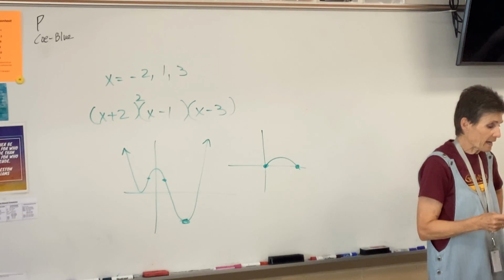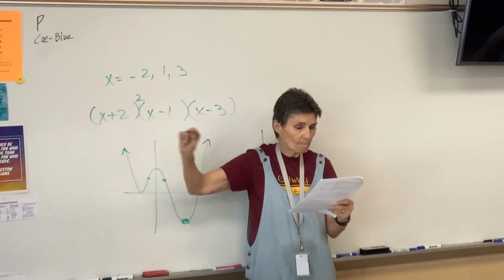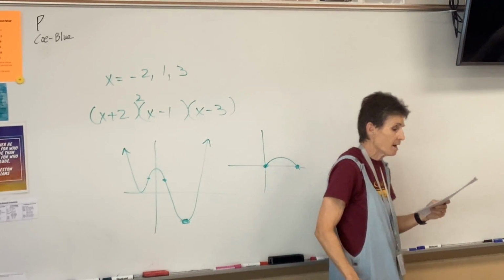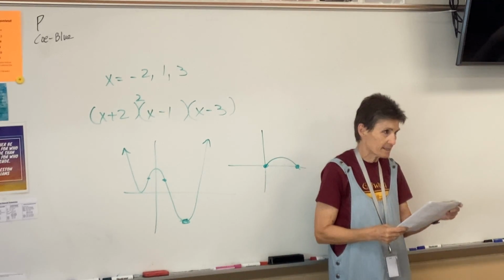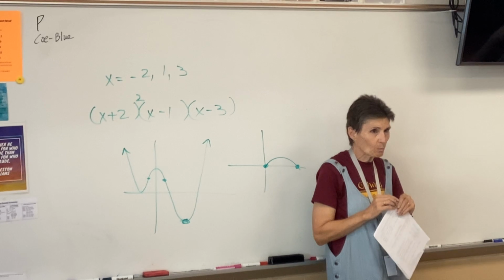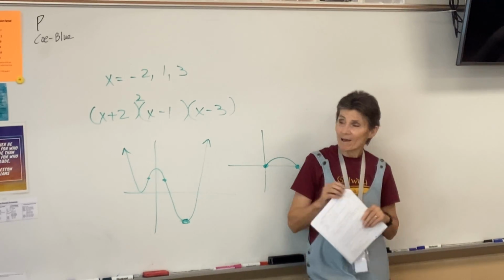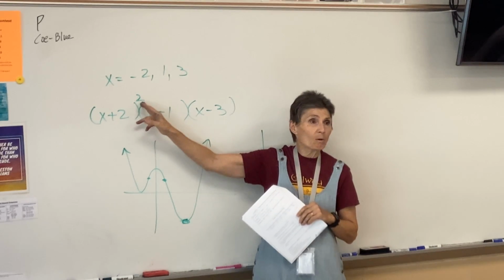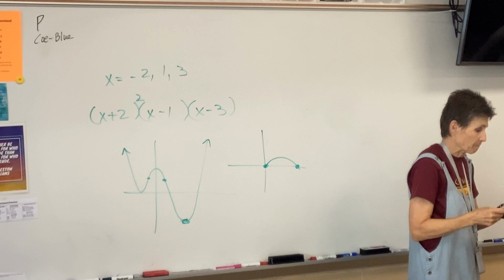If a linear factor, x minus a, x plus 2, is repeated n times, the corresponding 0 has that multiplicity. Did you use that word last year, multiplicity? So if your factor has a power on it, then that root is going to have that multiplicity.